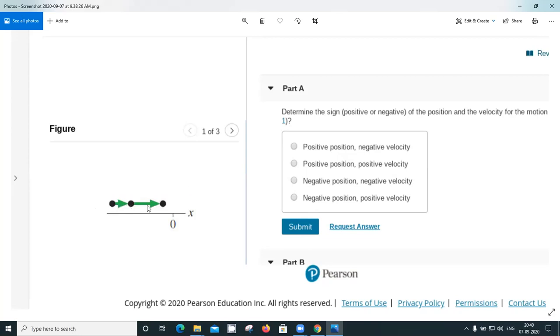The arrow mark is showing towards the positive x, so velocity is positive. Another way to understand positive velocity is x is increasing. Along this direction, x is increasing from -2 to -1, something like that.